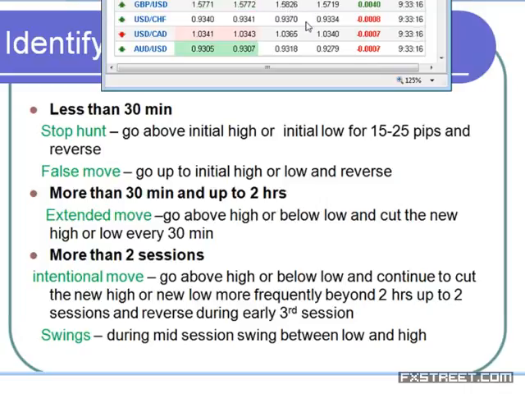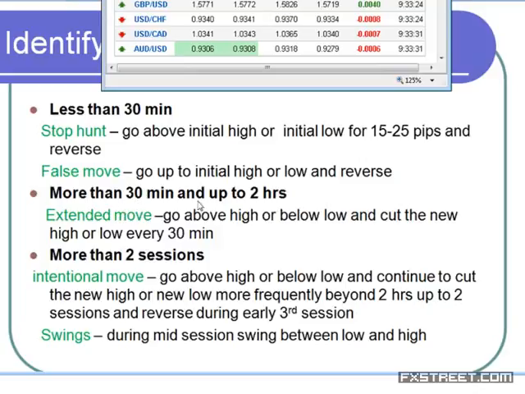They quickly make an upward move, which we call a spike, then form the new high, then stop cutting the new high for more than 30 minutes, and they continue to hold around and make the slide after 2 hours. That is what is happening on the upside in the case of GBP.